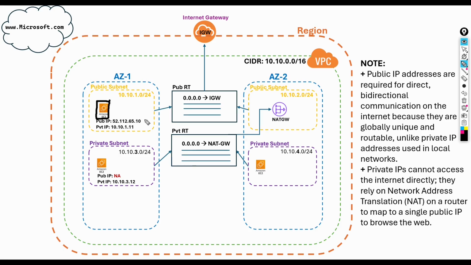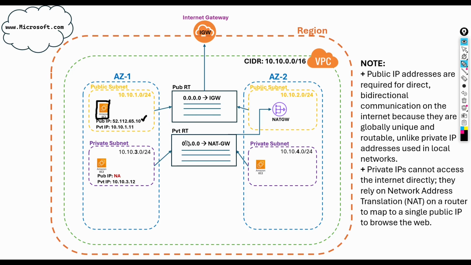It will auto assign one public IP, or we can create an elastic IP and attach it to this machine. But in a public subnet, a public IP is a must. We should have a public IP on the machine inside the public subnet.